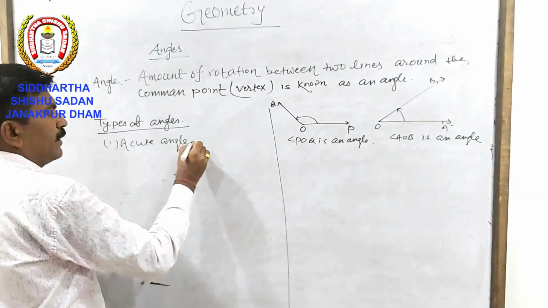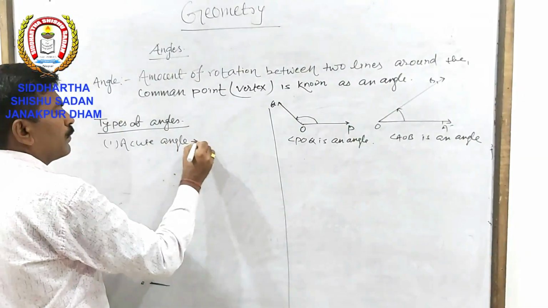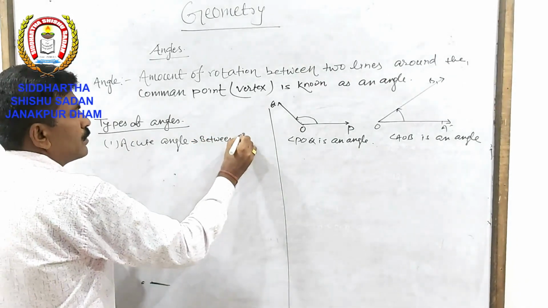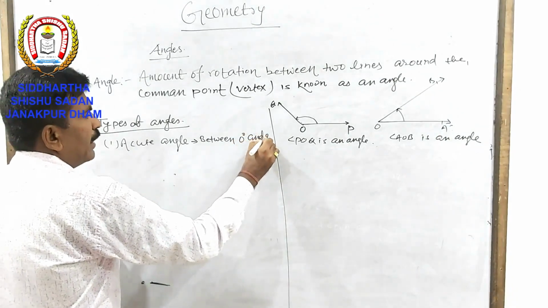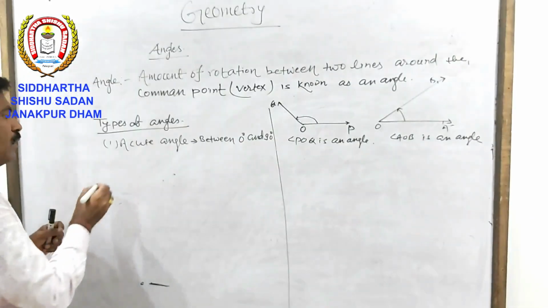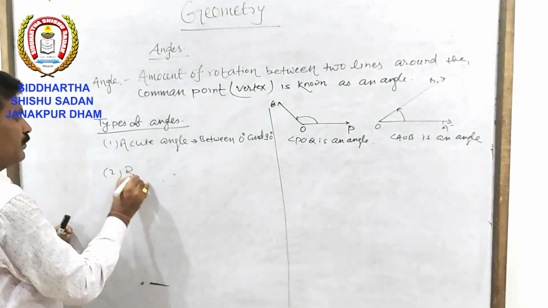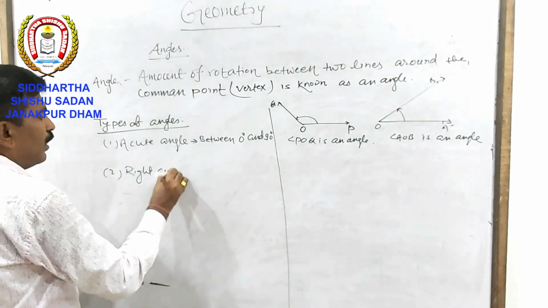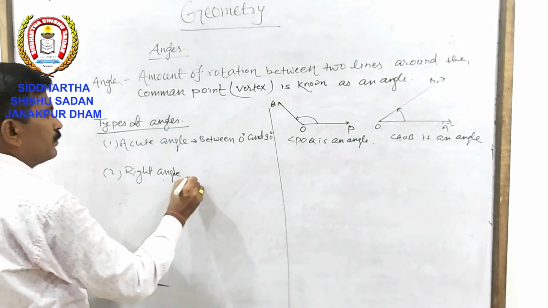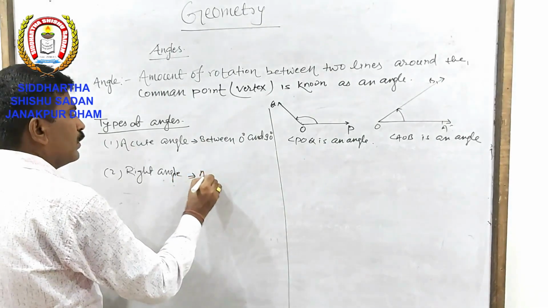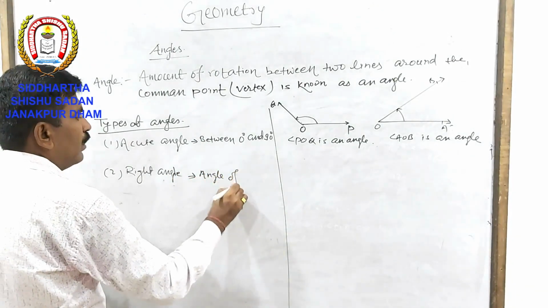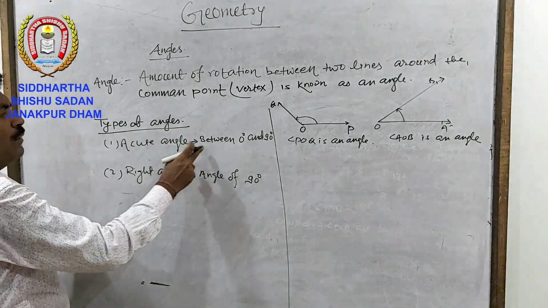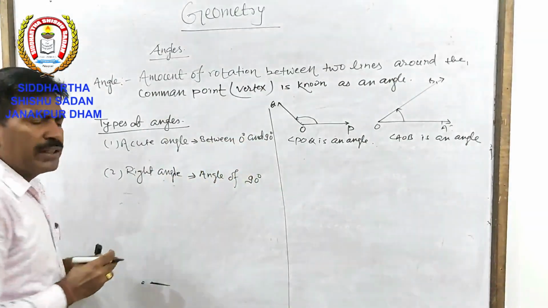Here an acute angle means between 0 degree and 90 degree. Number 2, right angle. Angle of 90 degree. Acute angle between 0 degree and 90 degree.